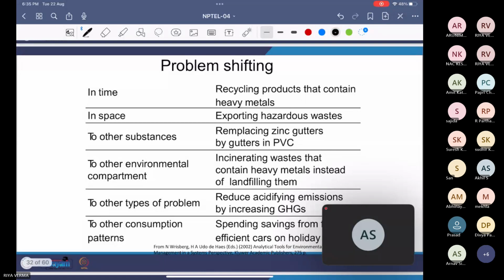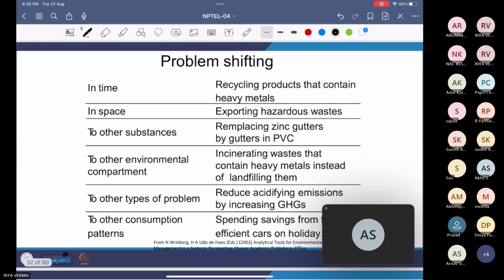Then this is another thing, that is problem shifting. What we do is we try to shift from a certain problem to another. Like earlier in the previous class, I was giving an example of these e-vehicles. This is a case of problem shifting, where we are shifting the problem of pollution on the roads by shifting towards the e-vehicle.